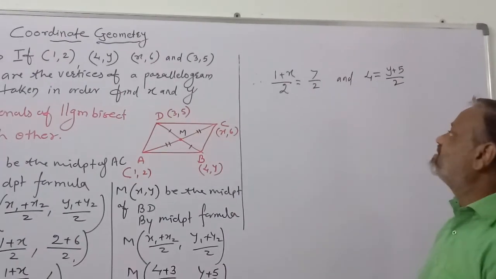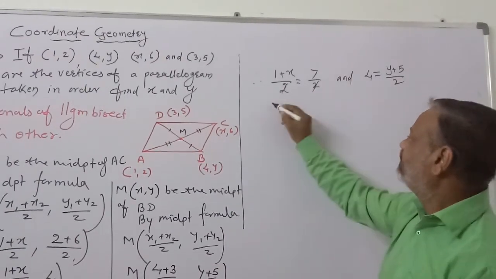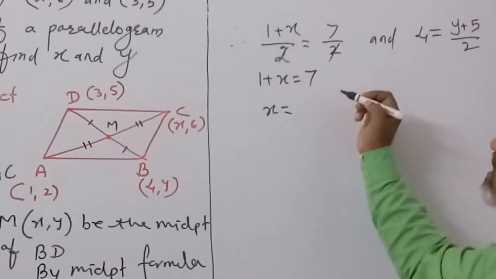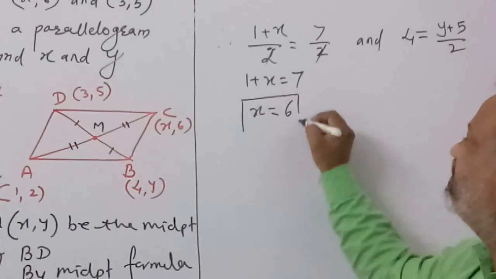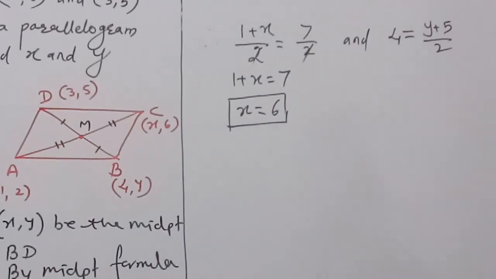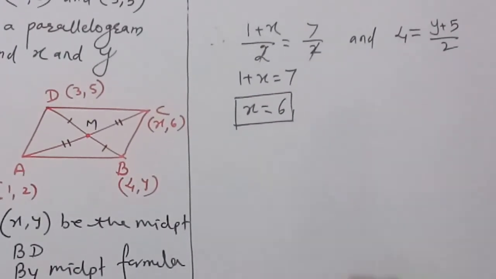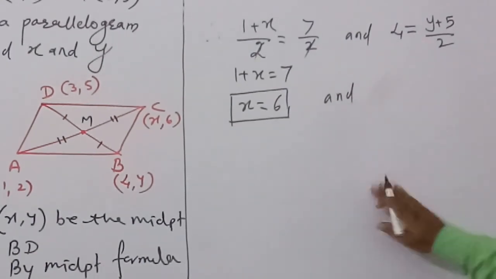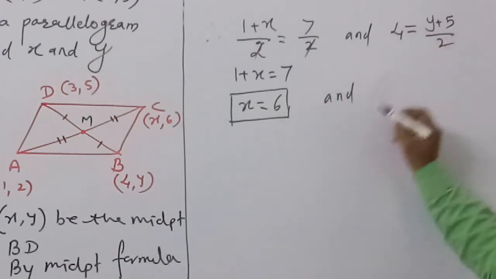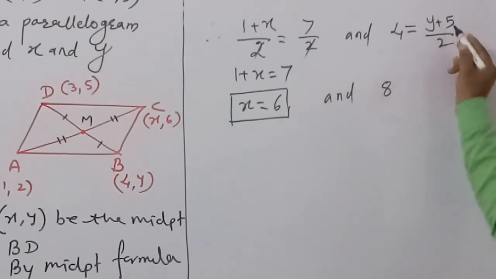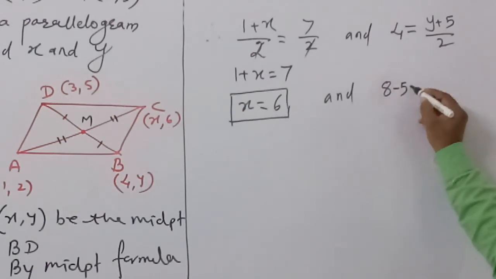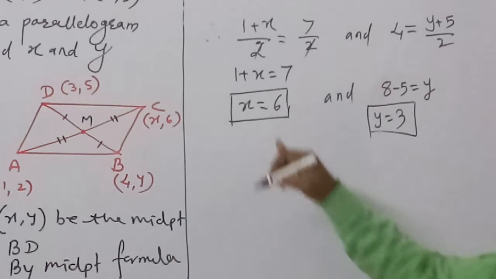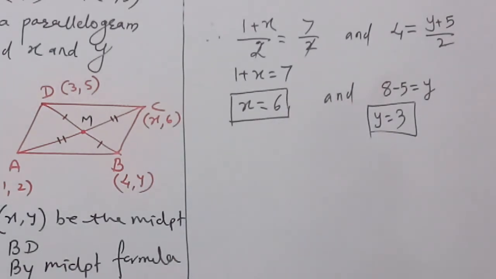Now we solve this. 2 gets cancelled, 1 plus x is equal to 7, so x is equal to 7 minus 1, that is 6. For y, shifting the 2 gives 4 times 2, which is 8, and transferring the 5 gives -5, so y is equal to 3. The value of x is 6 and y is 3.